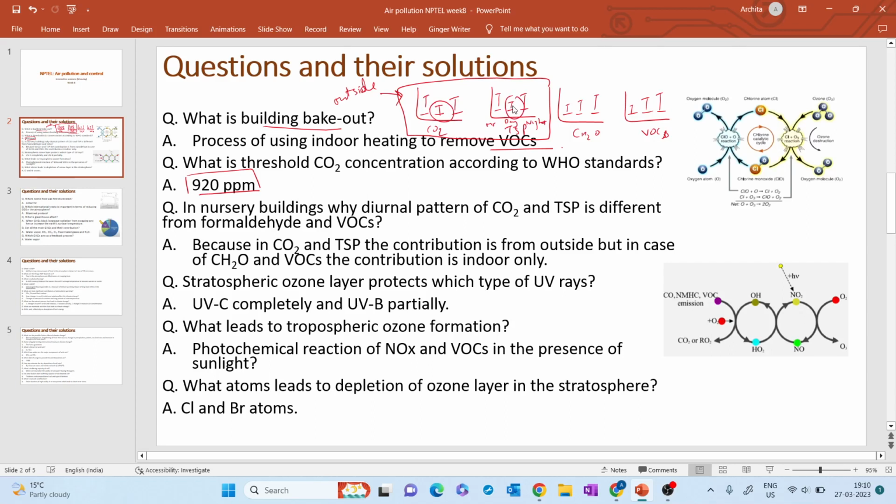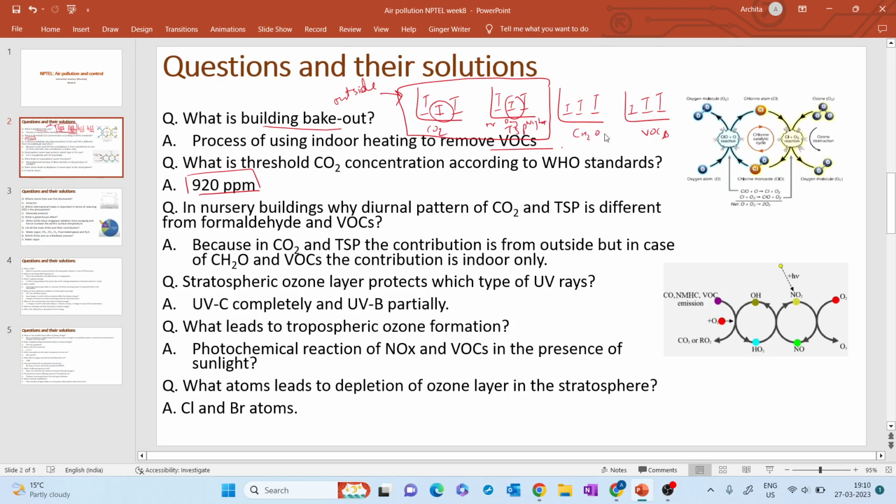This is the same pattern that we see outdoors, and we are seeing the same pattern in the indoor environment. Because they represent a phenomenon similar to what we see outside, we can say that CO2 and TSP can be coming from the outdoor as well.